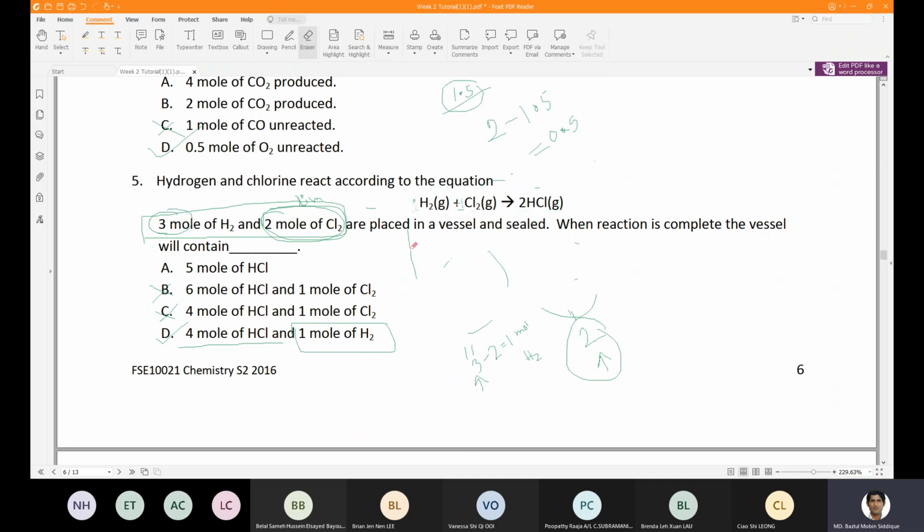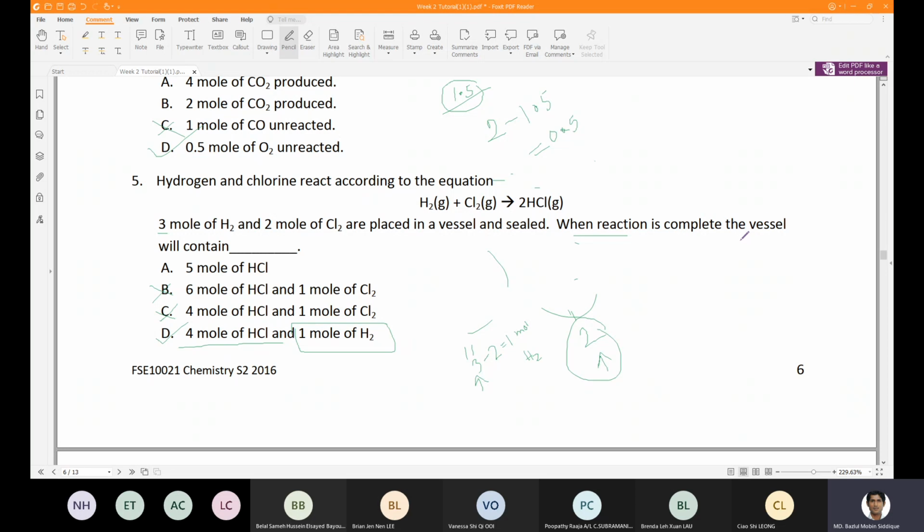Okay. So this question is asking that if you use 3 moles of hydrogen and 2 moles of chlorine, according to this reaction, how many moles of each substance will be in the reaction vessel when the reaction is complete? The reaction vessel means where the reaction is occurring.